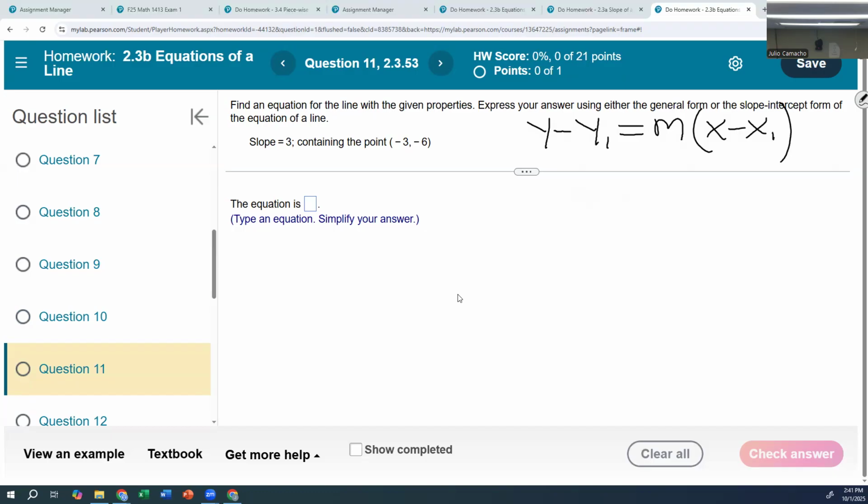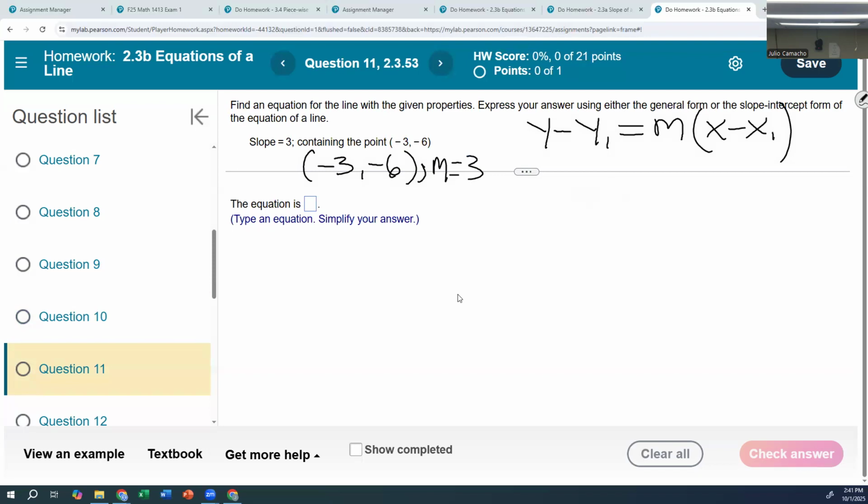They give you a point, (-3, -6), and your slope m is equal to 3.